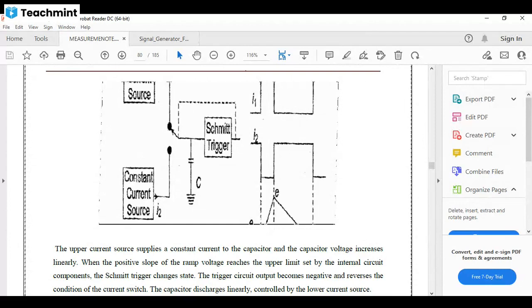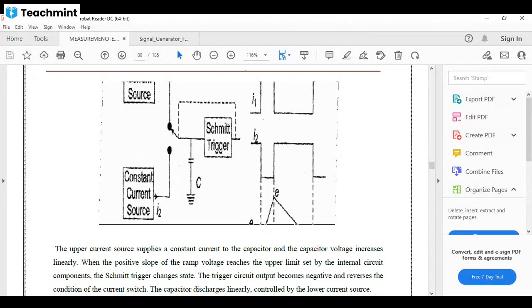When the positive slope of the ramp voltage reaches the upper limit set by the internal circuit components, the symmetrical trigger circuit changes its state.